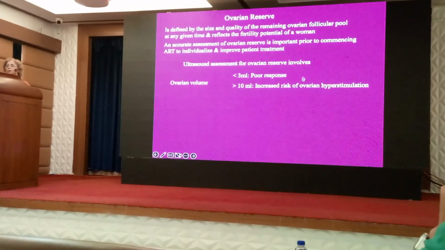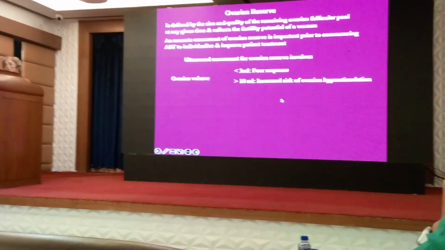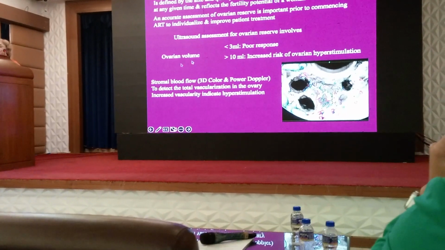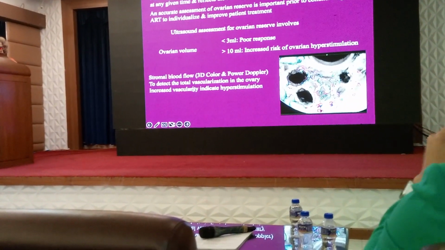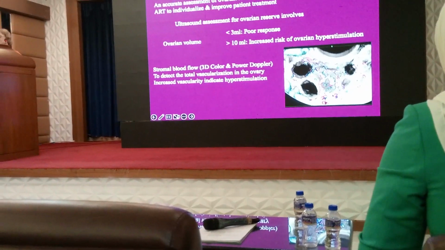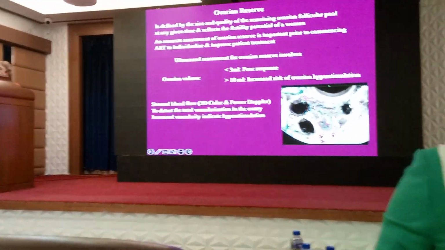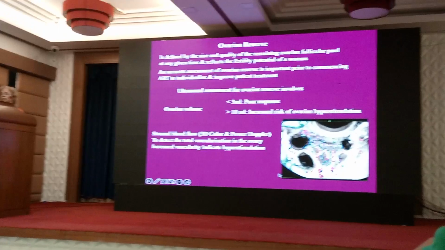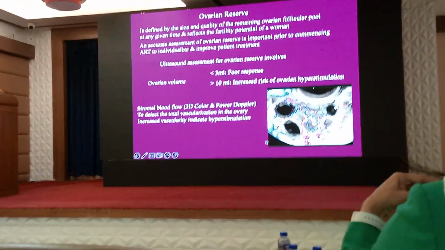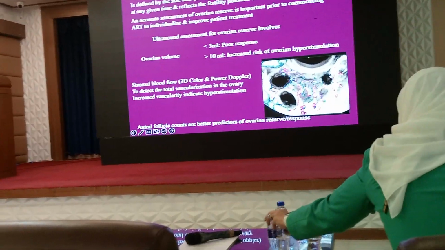Less than 3 ml is a poor response, and more than 10 ml indicates that these women may get into hyperstimulation. Color flow, we look for to detect the total vascularization in the ovary, and obviously if there is increased vascularity, the probable warning sign is that these people may go into hyperstimulation, and they have severe pain and so much ascites that one has to look after them.